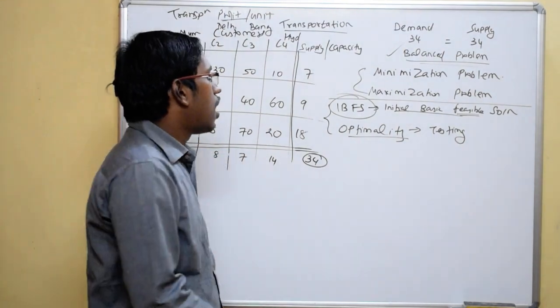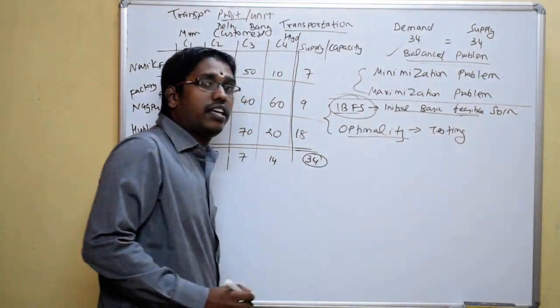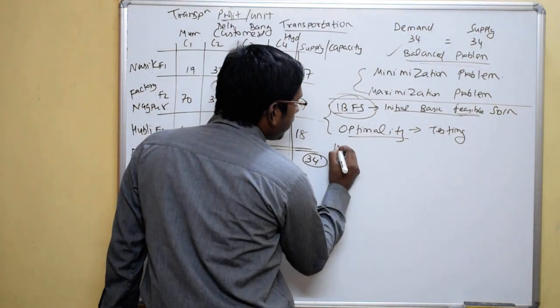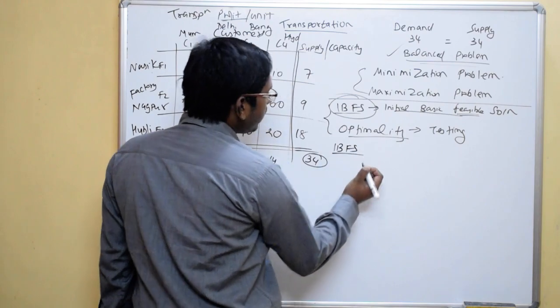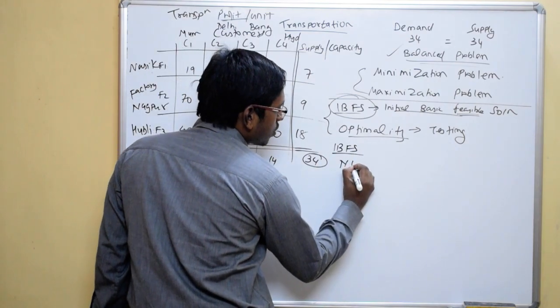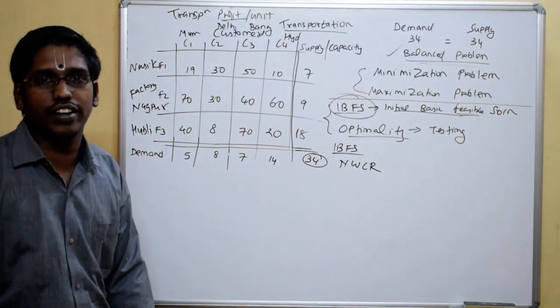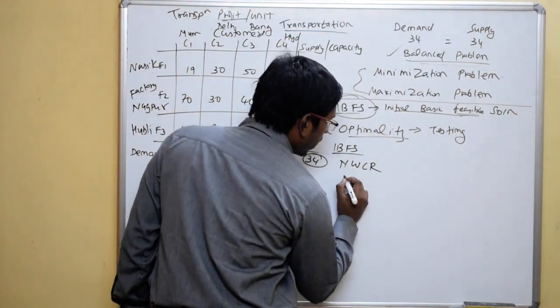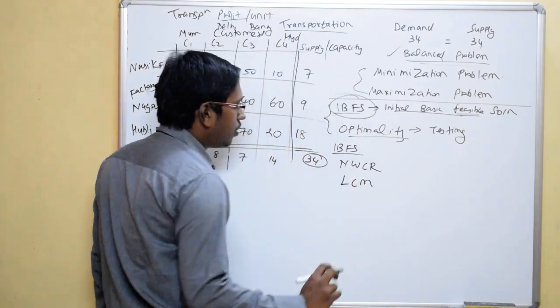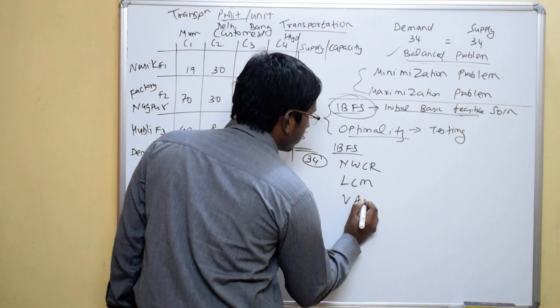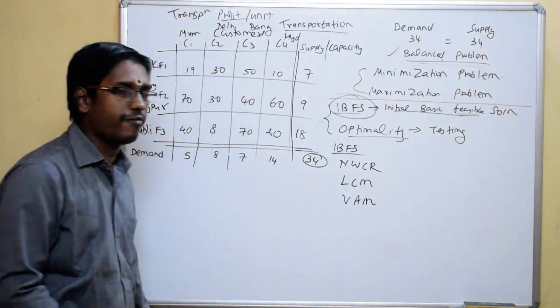Now the question is, how do you find IBFS, initial basic feasible solution? Note that to find IBFS, we have a few methods. One is called the northwest corner rule, NWCR. One is called the least cost method, LCM, and one is called Vogel's approximation method, VAM.